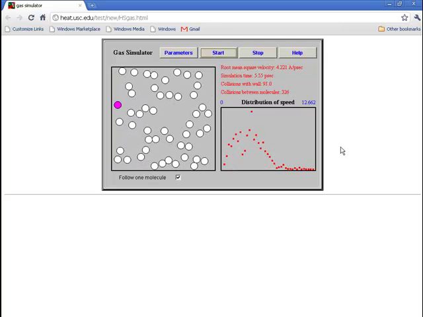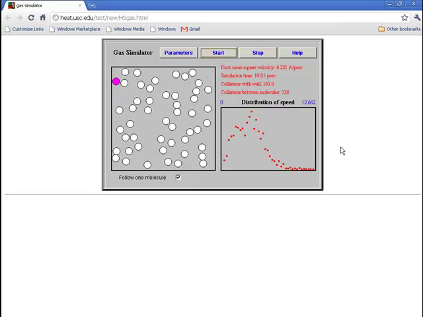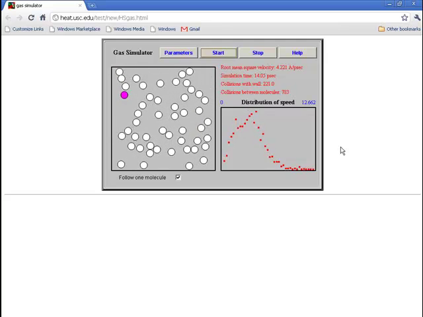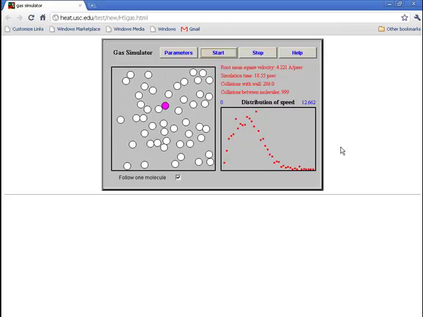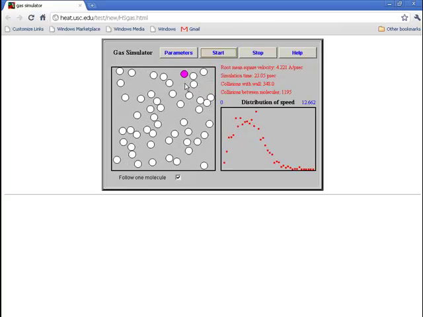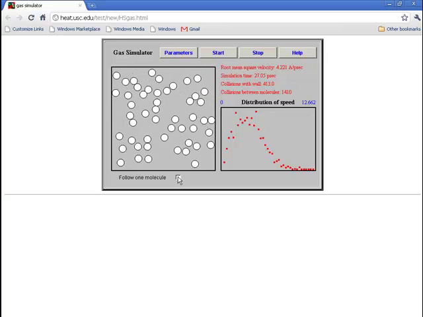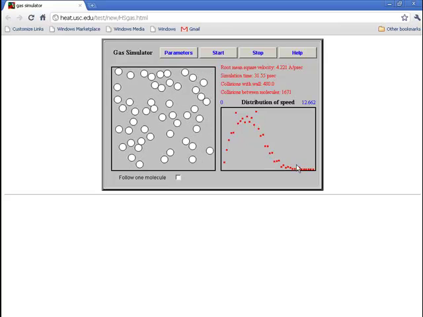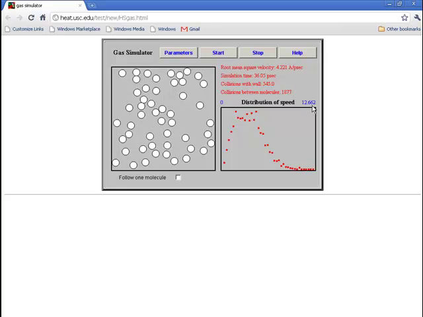As you watch, this is a gas that is actually moving. You can calculate the collisions per wall and the root mean square velocity. The distribution looks like a Maxwell-Boltzmann distribution here, this being 0, this being 12.662.